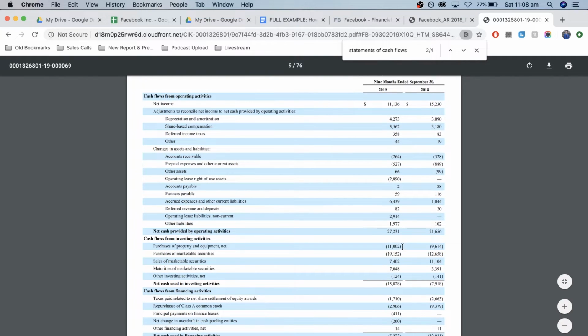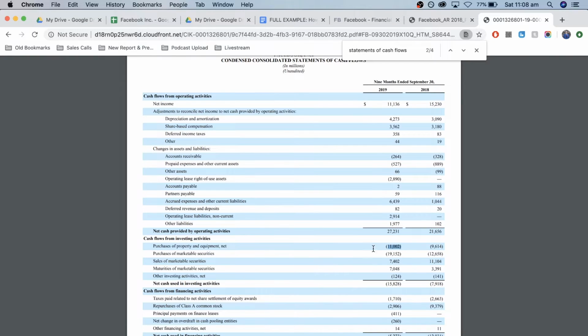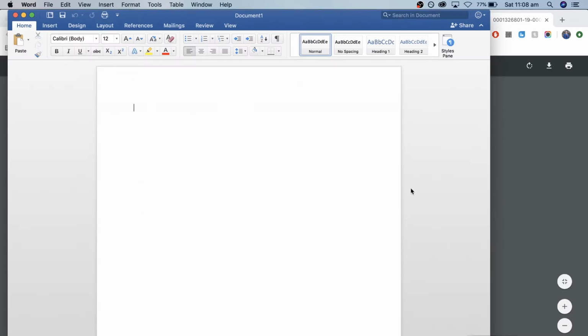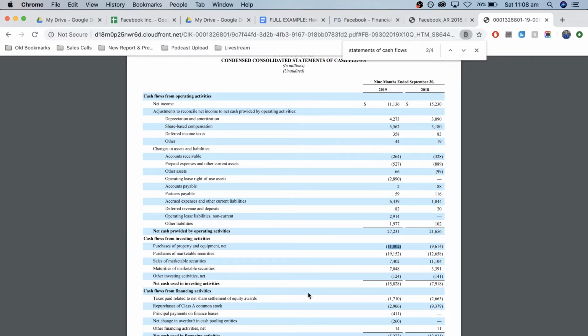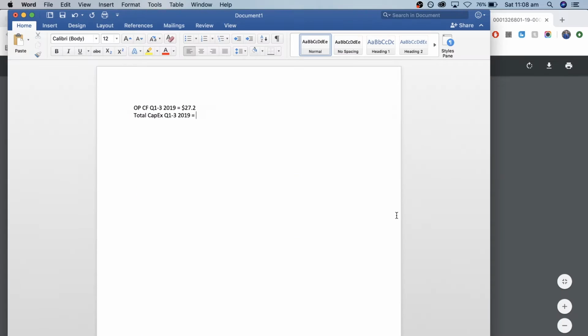And then total capex for Q1 to 3 is $11 billion here. So let's write these numbers down so we can keep track. So we've got op cash flow for Q1 to 3, 2019, and then we have total capex for Q1 to 3, 2019 of $11 billion.